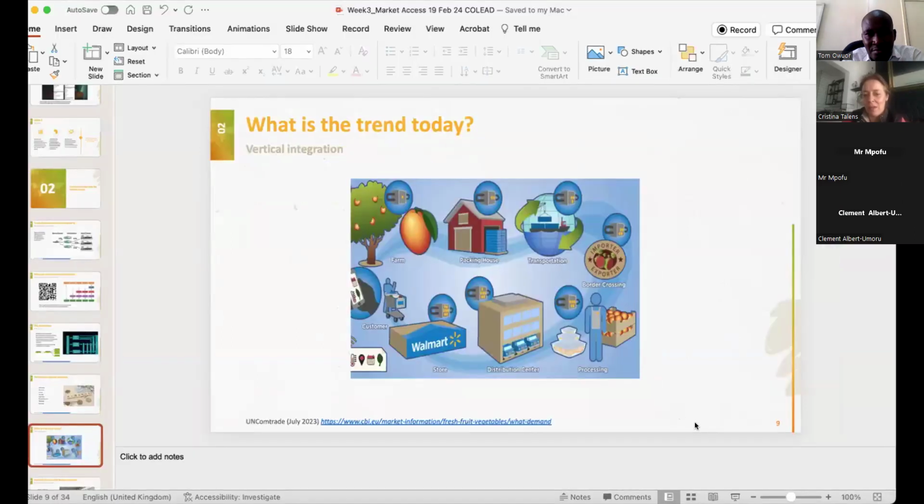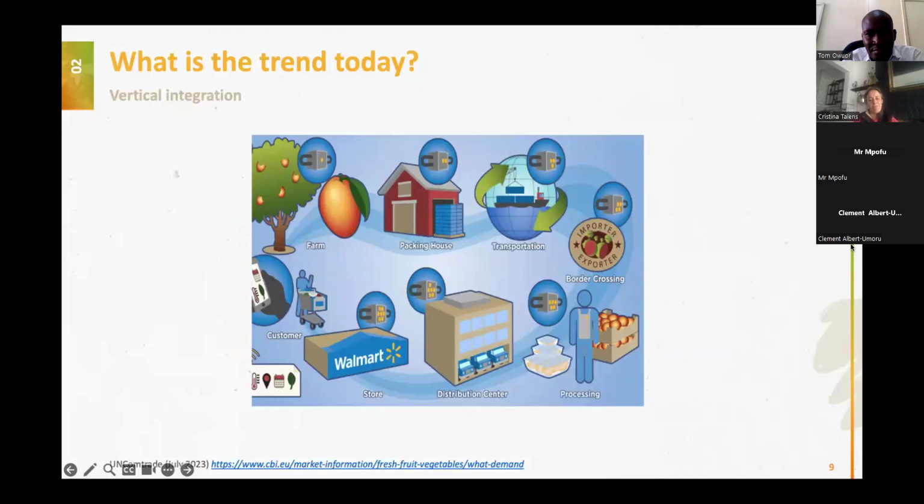What does this look like? Looks like a farm to plate process. Farm to plate, from production to consumption.